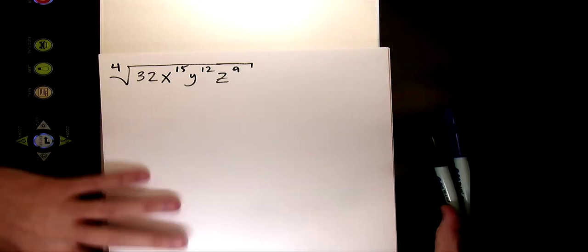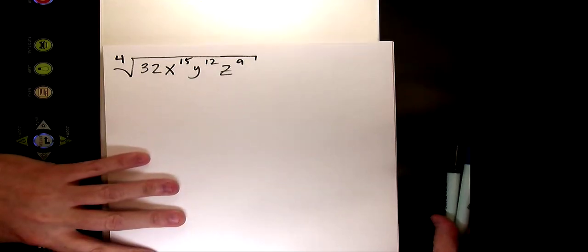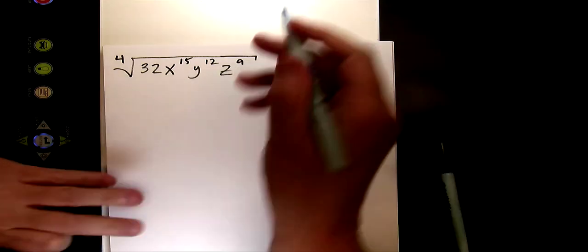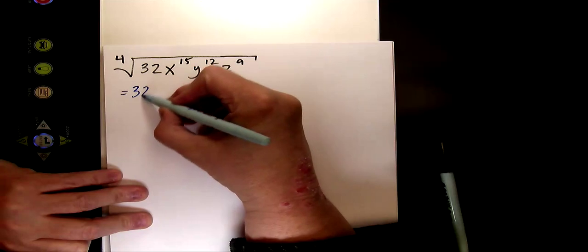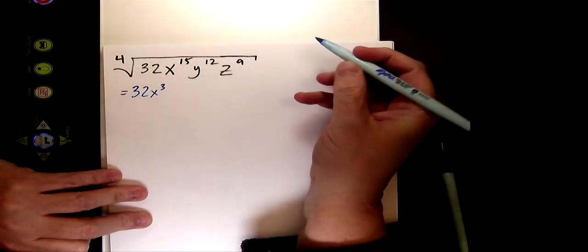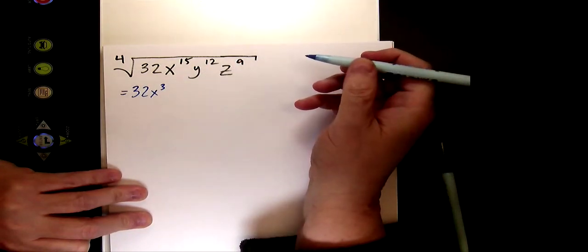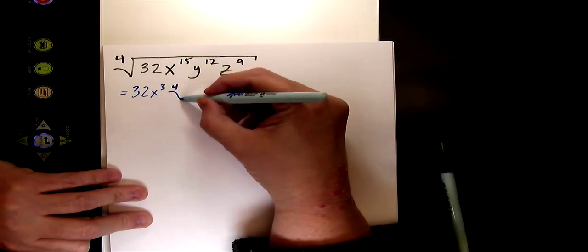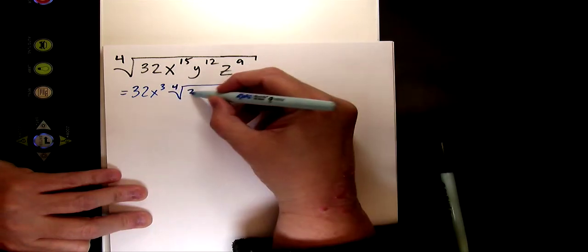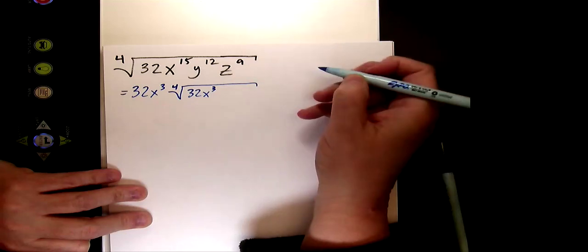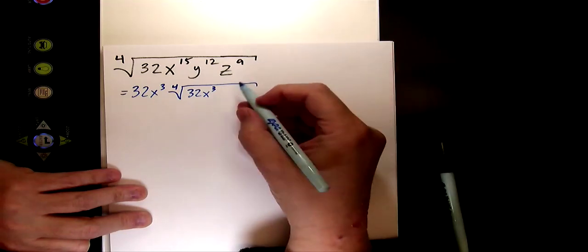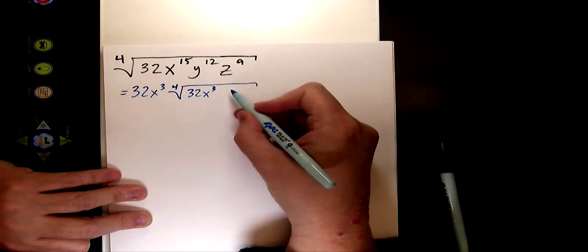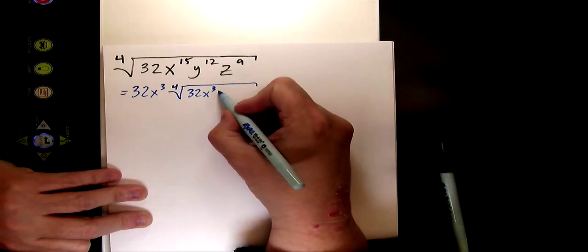Alright, what'd you guys get for this? Is it 32x cubed and then... So here's one idea, 32x cubed, and then you do like the fourth root of 32x cubed. Outside of that, it's y cubed, not even a different radical, it's just right here.